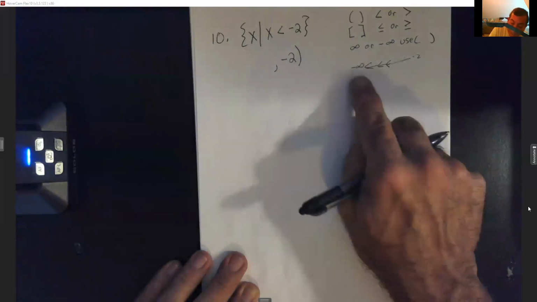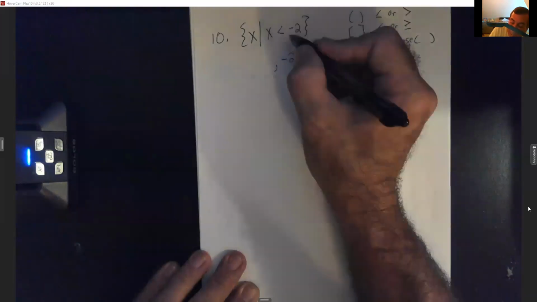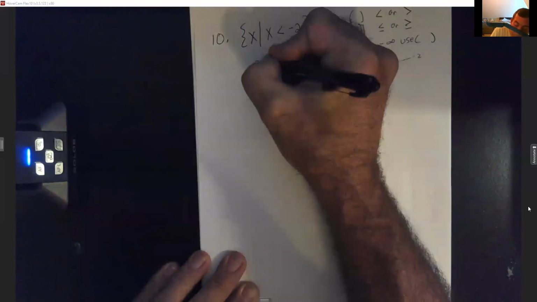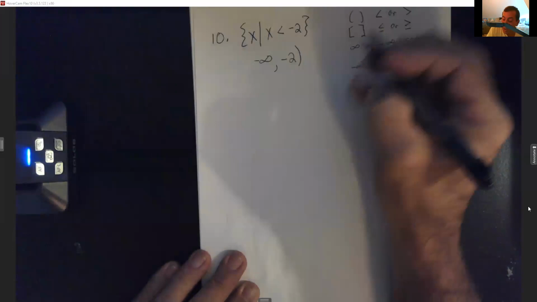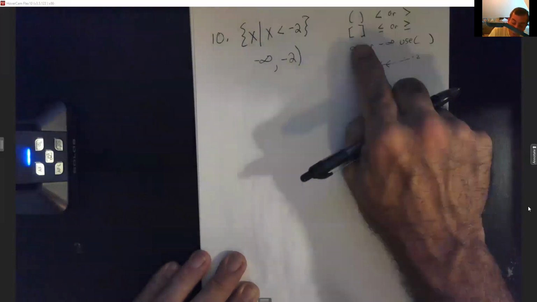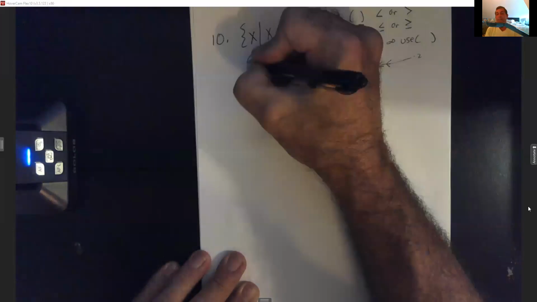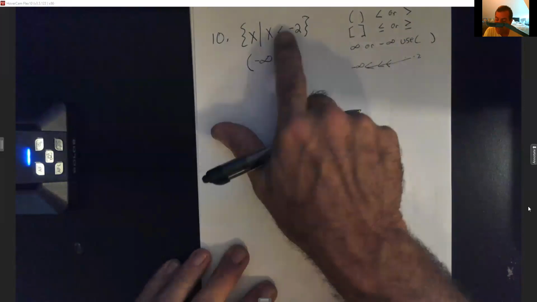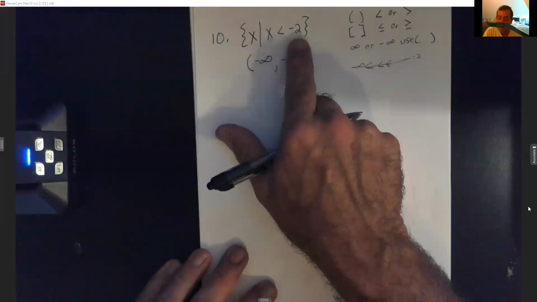So negative infinity would be to the left. So anytime you're less than a number, your negative infinity comes first, and then your number comes second. And remember, up here I said infinities always use parentheses. So this is now interval notation, and it means the same thing as x is less than negative 2.